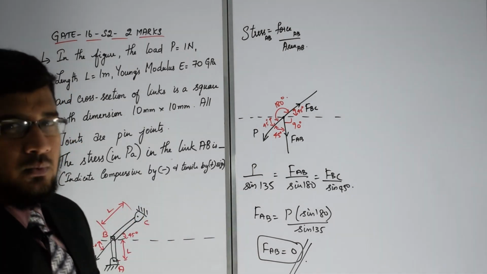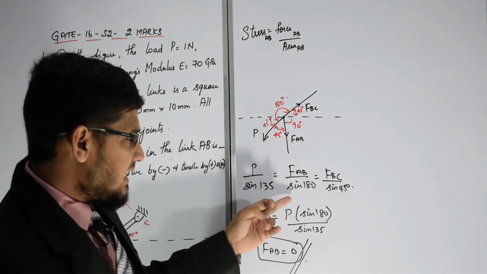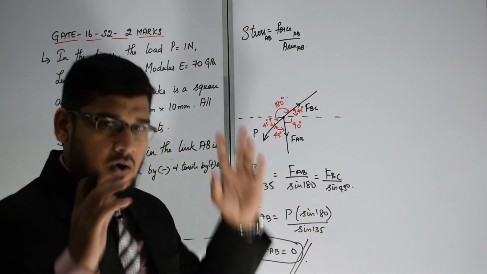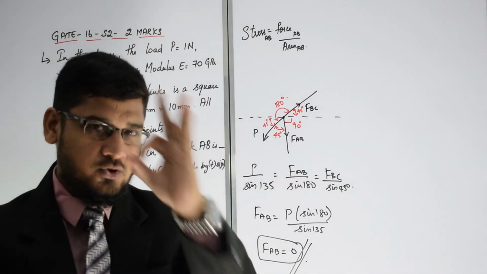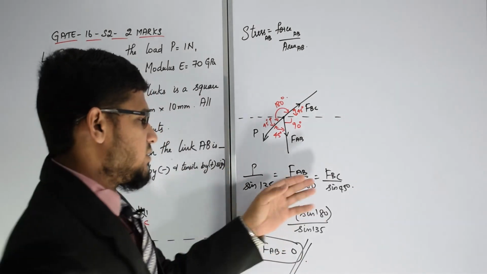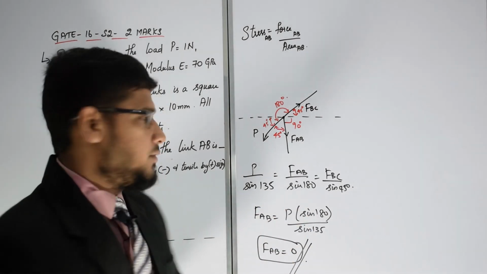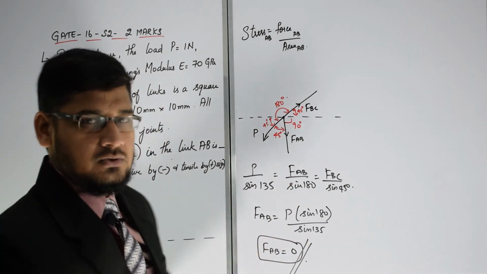One more important thing for us to know is a small snippet. If the sine angle is 180, then obviously, closing your eyes, you can say F_AB is going to be 0. If there is any other force which has sin 180 at the bottom, obviously sin 180 is 0, anything that gets multiplied by 0 is 0, and the force above is going to be 0.